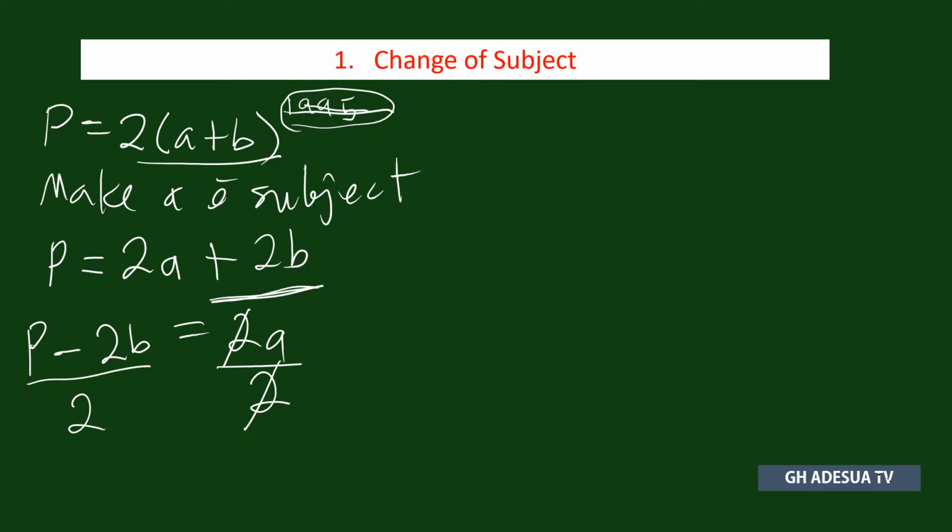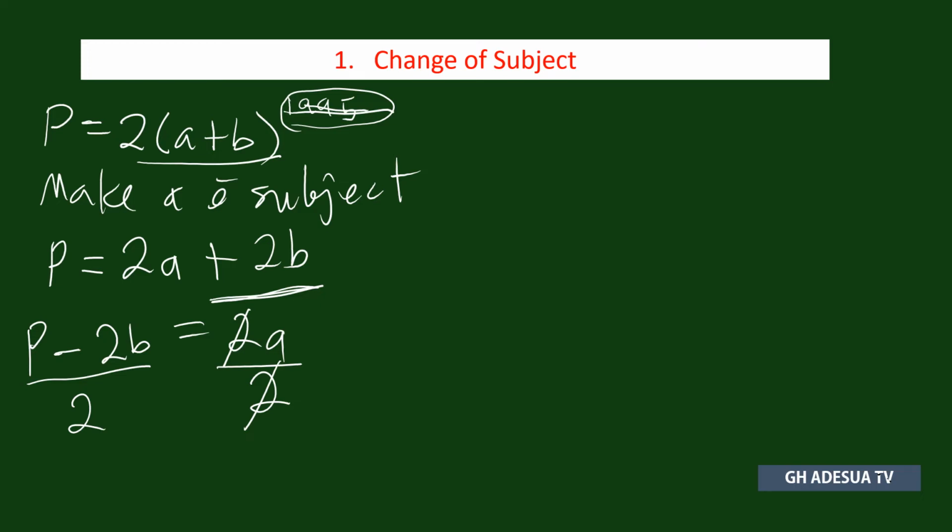But on the left hand side, don't be tempted to think that this 2 can cancel that 2. No, it is not possible. So don't be tempted to think that this can cancel that. So we have P minus 2B over 2 is equal to A.